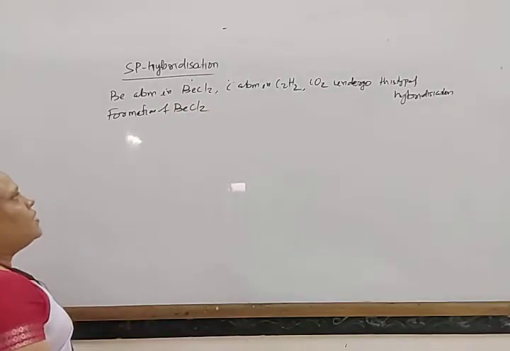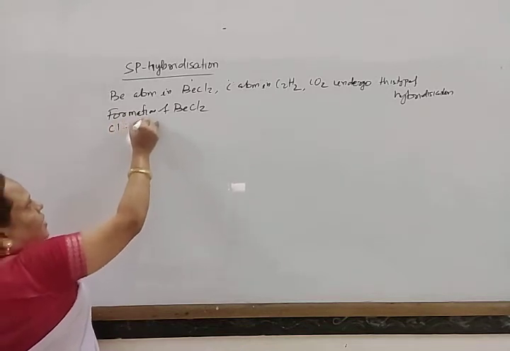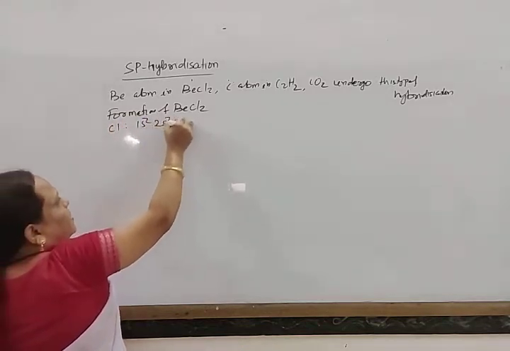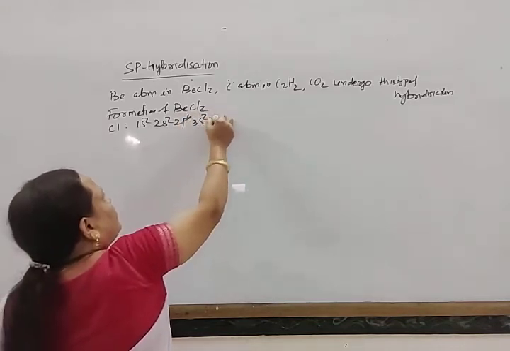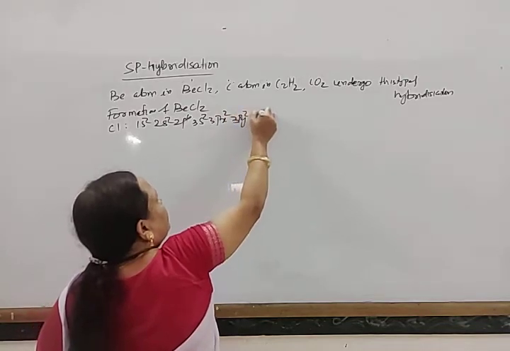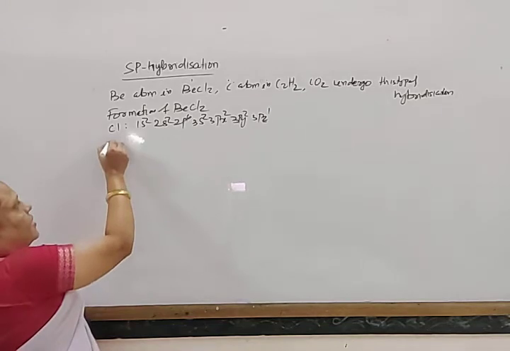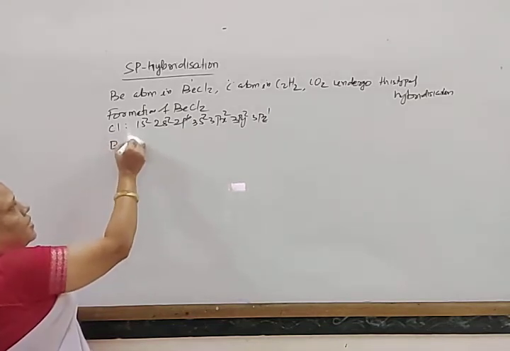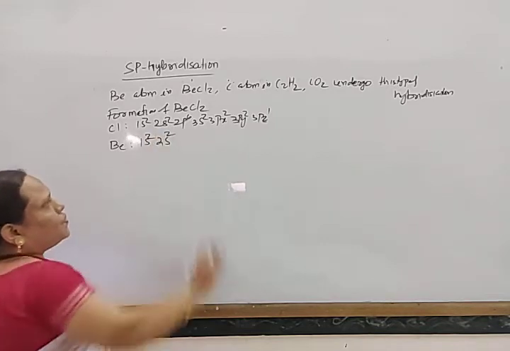You know the electronic configuration of chlorine: 1s2, 2s2, 2p6, 3s2, 3px2, 3py2 and 3pz1. Then the electronic configuration of beryllium is 1s2 and 2s2.